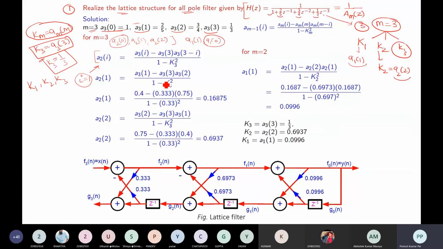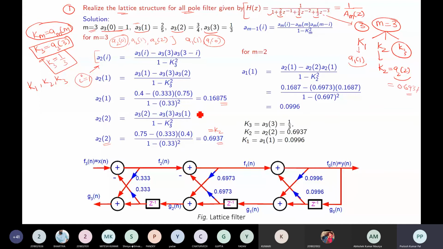We can put this value and K3, which is already known, 1 by 3, so 1 by 3 squared. By putting these values, we can find a2(1). Similarly, we can find a2(2). We know that a2(2) is equal to the K2 value. So this value will be your K2.